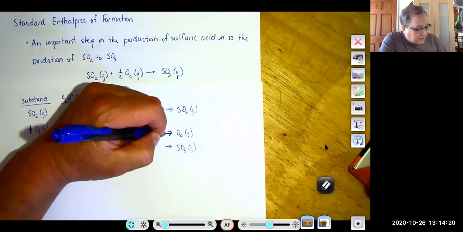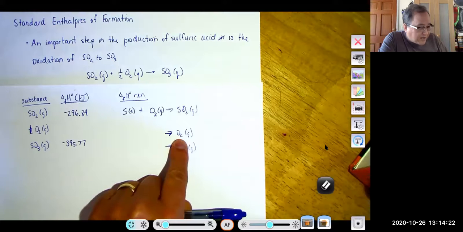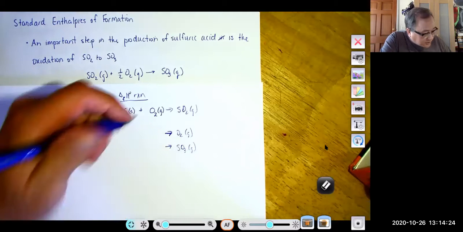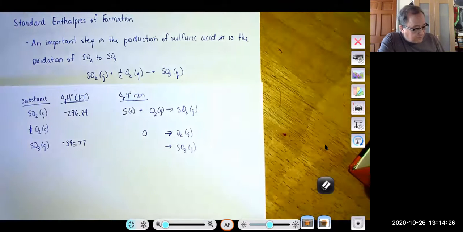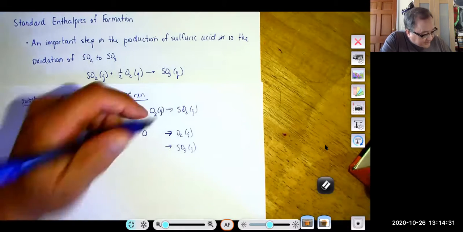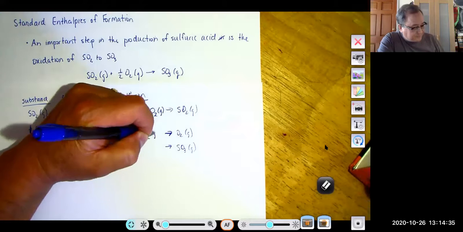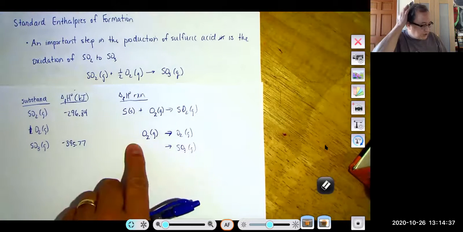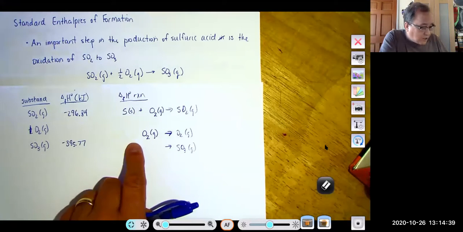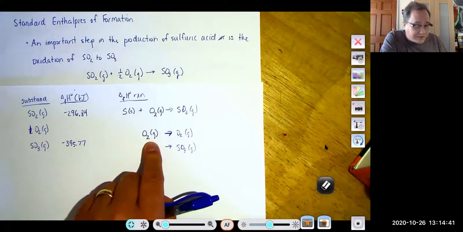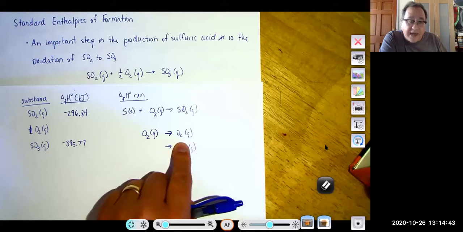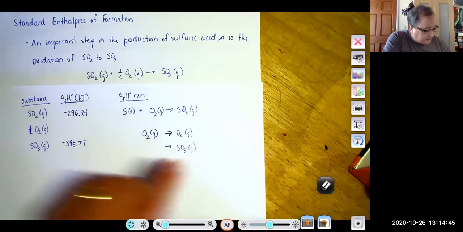Okay, so now let's do this next one. What are the elements in O2? Only oxygen. Does oxygen come in pairs? Yes, it does. What's its standard state? It's a gas. So this is the reaction. So how much energy does it take to take O2 gas in its standard state and turn it into O2 gas in its standard state? 0.